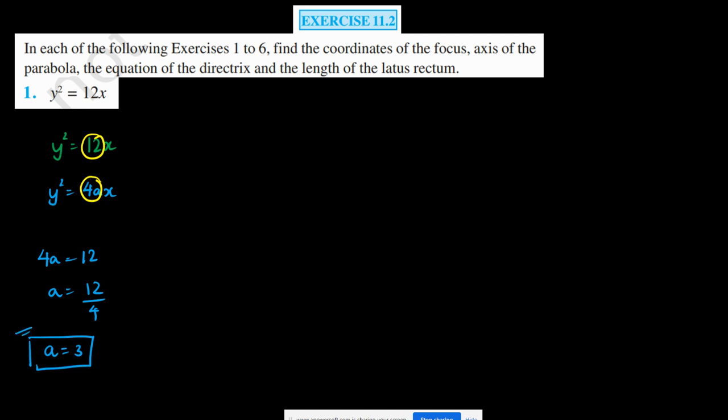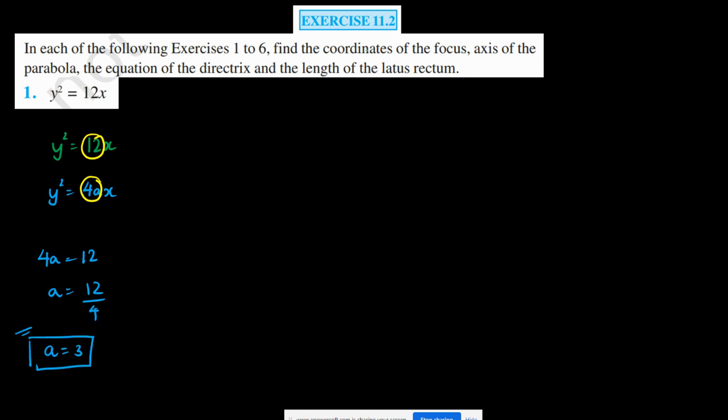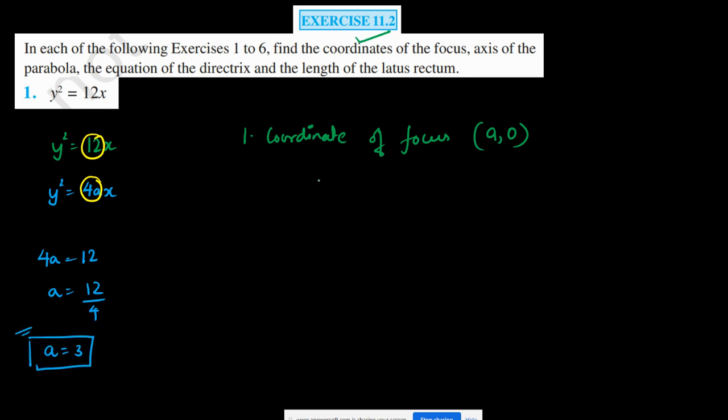Now, the coordinates of the focus can be written. The coordinates of the focus are given by (a, 0). Hence my answer is going to be, a is 3, so it is (3, 0).